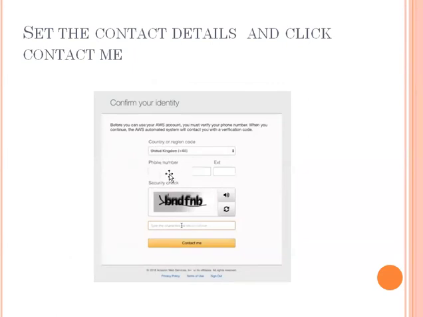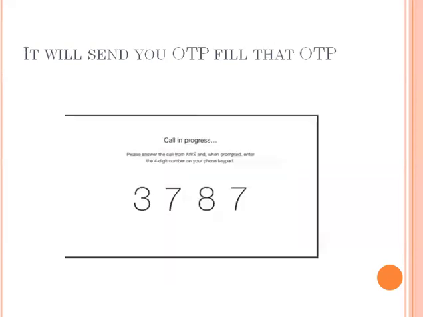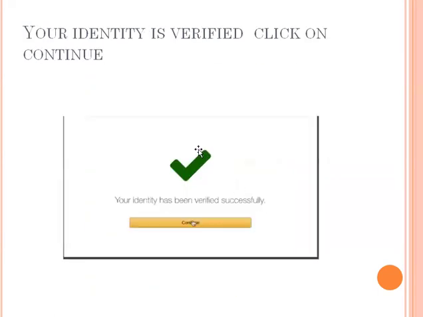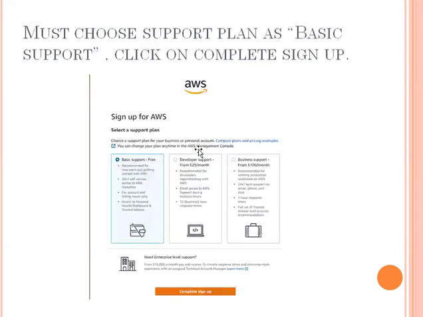You need to set the country, phone number, and write the security check here, and then just click on check me. Whenever you click on check me, you get an OTP that you need to enter here, a 4-digit OTP. And then finally your identity is verified, and then click on continue.